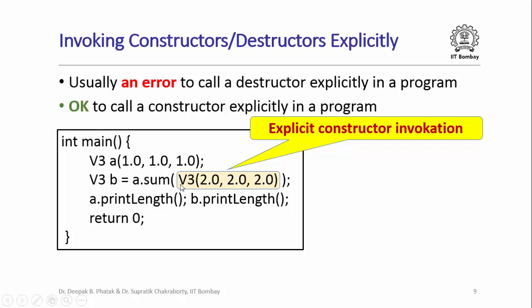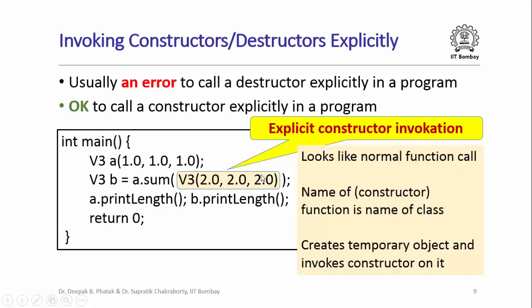I was not trying to allocate a variable or object of the class v3 over here. I directly invoked the constructor of the class v3 and passed it appropriate parameters, and I expect to get here a temporary object of class v3 with its data members initialized appropriately by the constructor function.